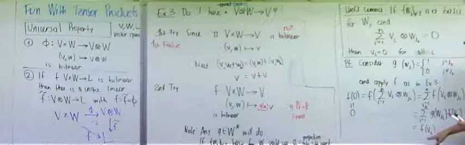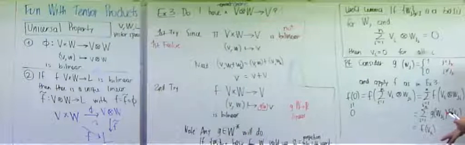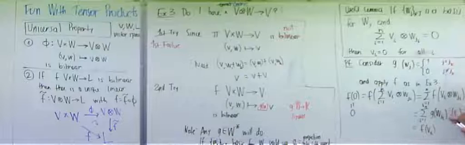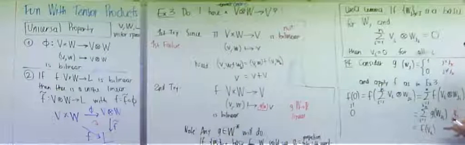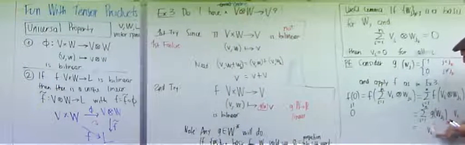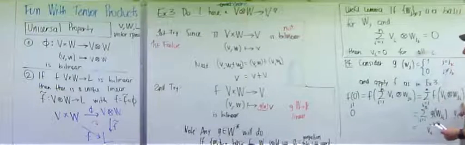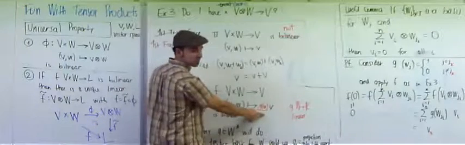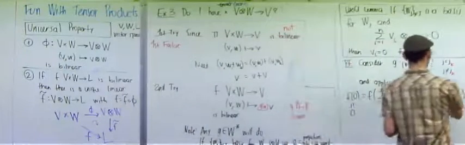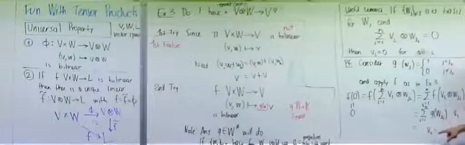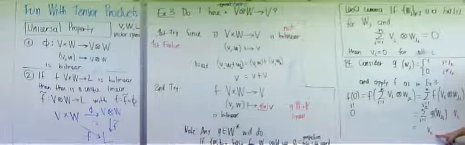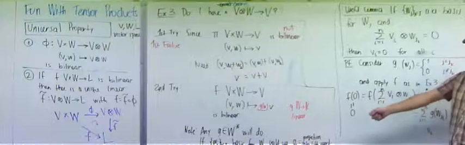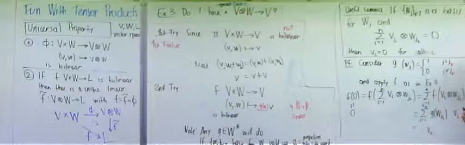Sorry, this f doesn't need to be here. f of v_i tensor something is: you put the v, and then you apply the function to w. So the v_i gets here, you apply g to this guy, and all you get is v_k. And so what I showed is that for each value of k, v_k is equal to 0, which is what I wanted.